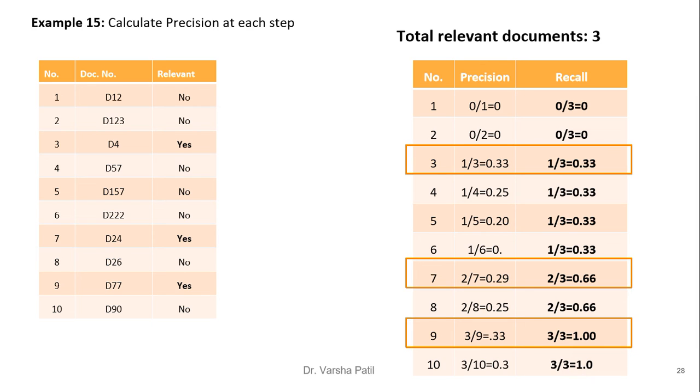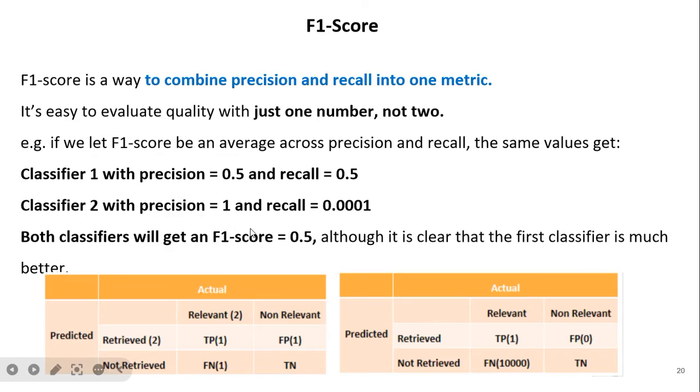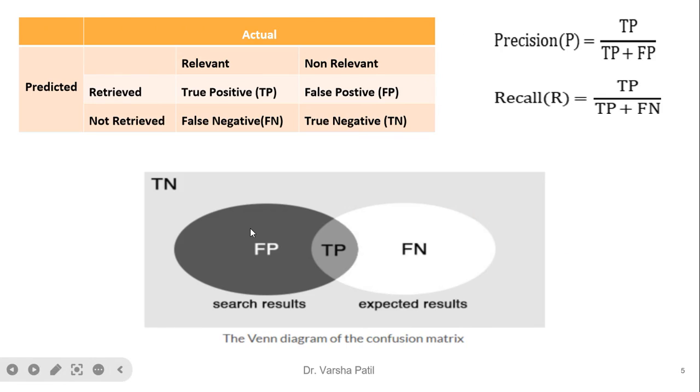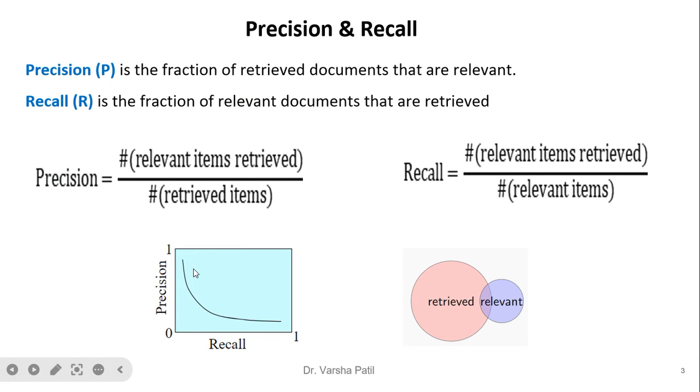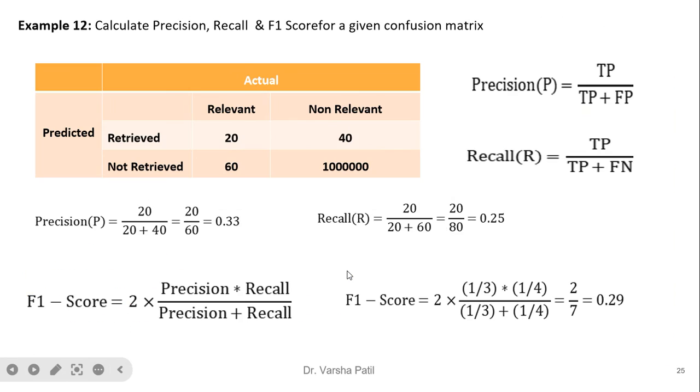So when we retrieve all documents from a system, all relevant documents get retrieved, and finally our recall becomes 1. That's why when we draw the graph, it becomes like this, because at last our recall becomes 1, as whatever documents are present in the system get retrieved.